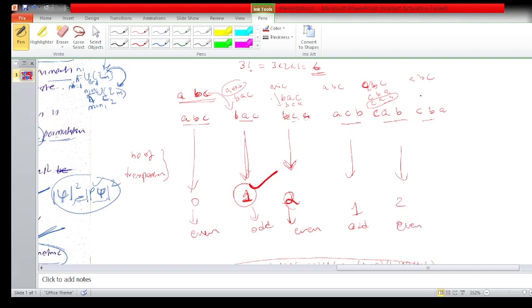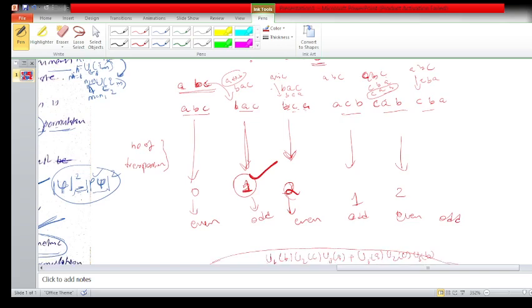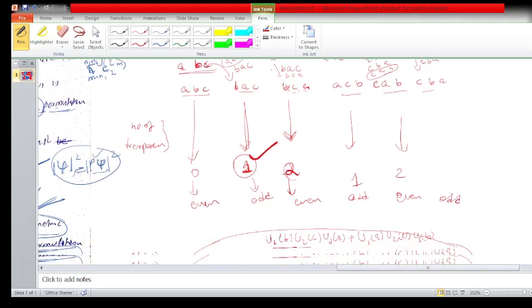Then ABC: first you change A to C, which again gives CBA. That is right, so only one transposition. So this is odd. So the third one is odd, then even, then odd.